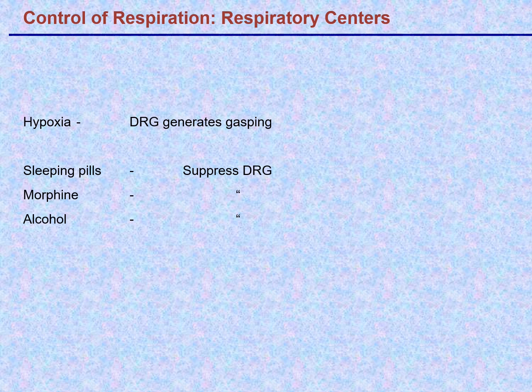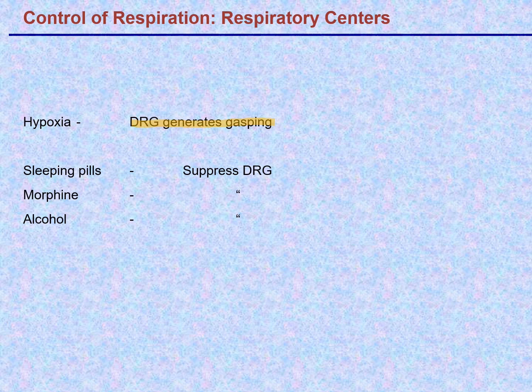Now, if a person is hypoxic, that will cause the DRG to become more active, and it will generate a gasping kind of response in the person, so that person does take in air.